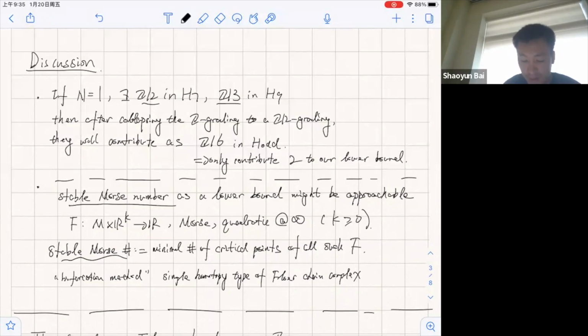And in particular, if your target manifold is simply connected, it is true that in this case, the stable Morse number coincides with the Morse number.